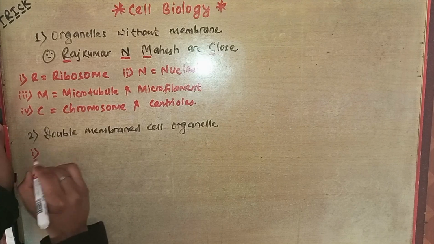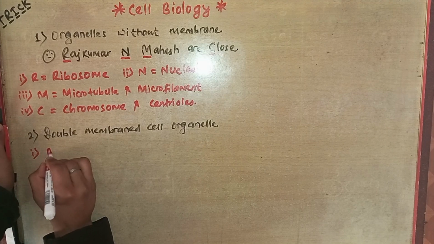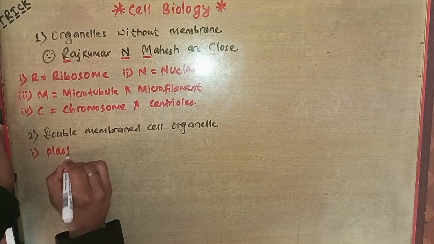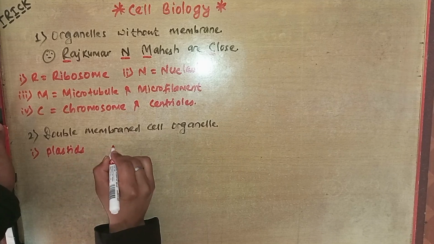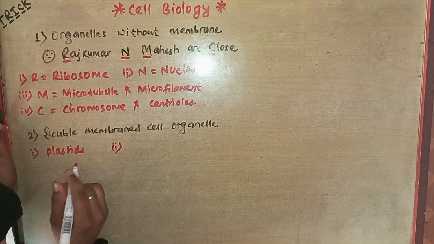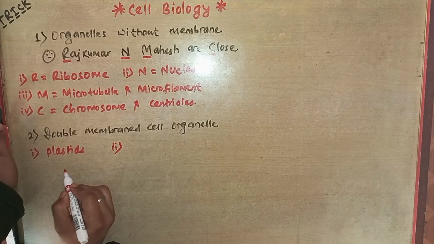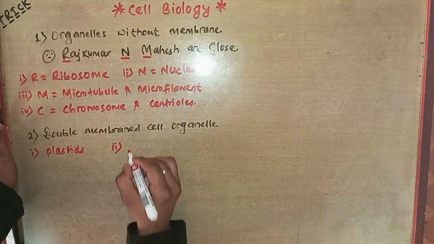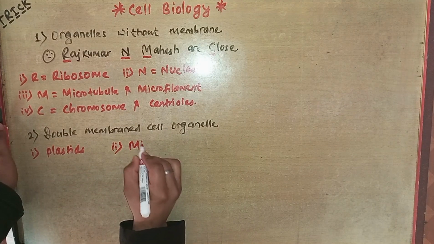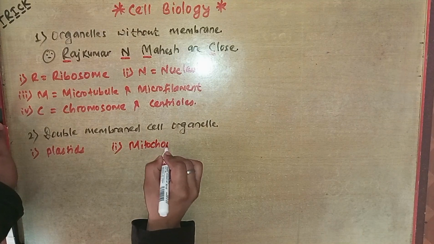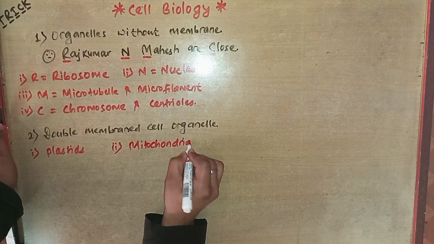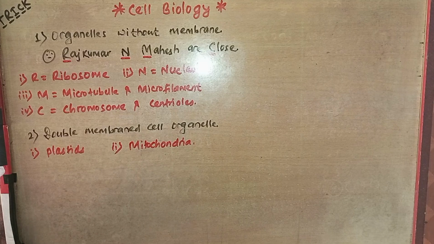So remember as plastid and mitochondria, and plastid means we can say chromoplast, leucoplast, chloroplast. Chloroplast and mitochondria, or you can say plastid and mitochondria.